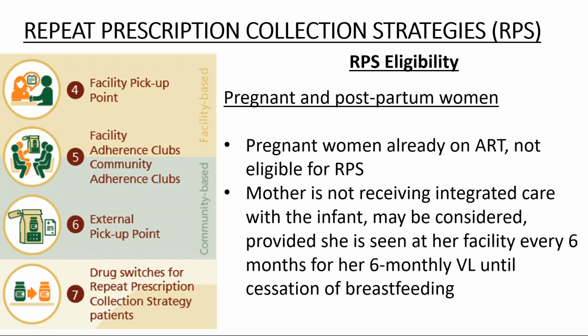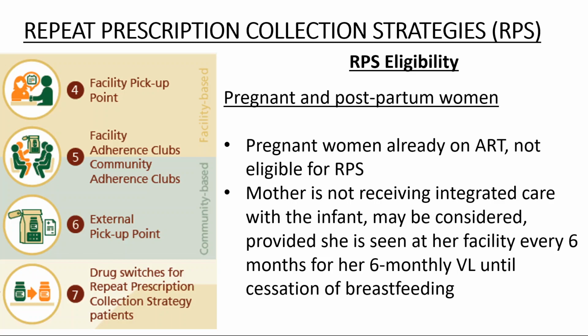For pregnant women or those after birth, the strategy does not accommodate pregnant women. Even if the woman was on ART before, once they get pregnant, they have to be managed within the facility, for everything, for ART and even for their antenatal care. So they are not eligible to enroll.